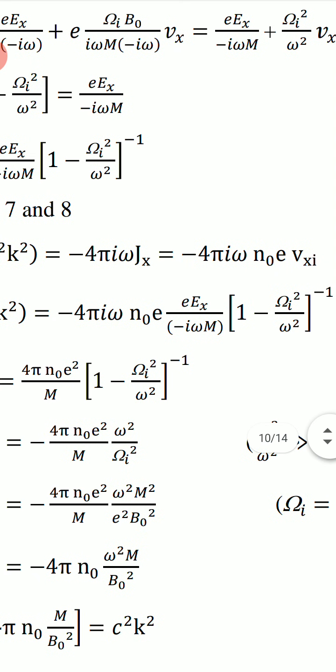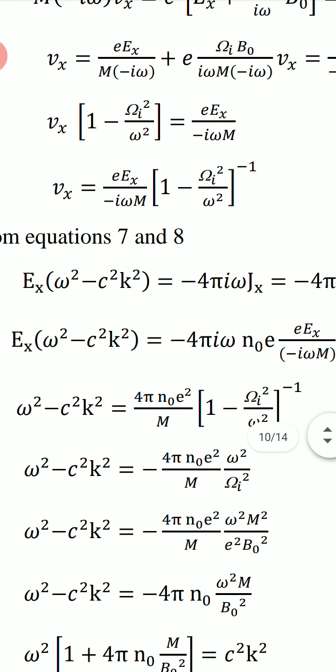And Jx is from the formula n e v, it is n0 e Vxi. It is the x component of current density, n0 e Vxi. i is for ions. And for Vxi, we put this value of Vx because it is the x component of velocity for ion.